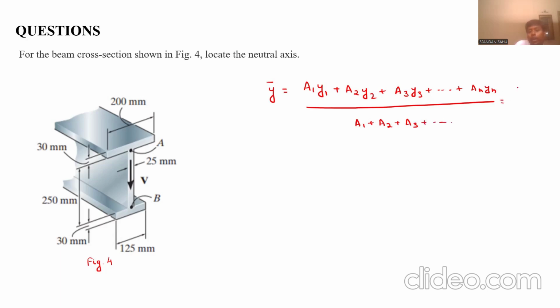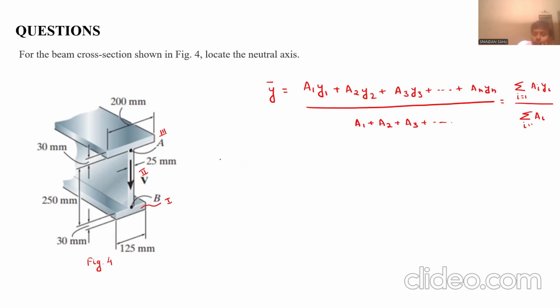If you want to write it in summation format, it will be the summation from i equal to 1 to n of Ai yi, by the summation of Ai. Now let us take the bottom flange as 1, the web as 2, and the top flange as the third portion. Correct?